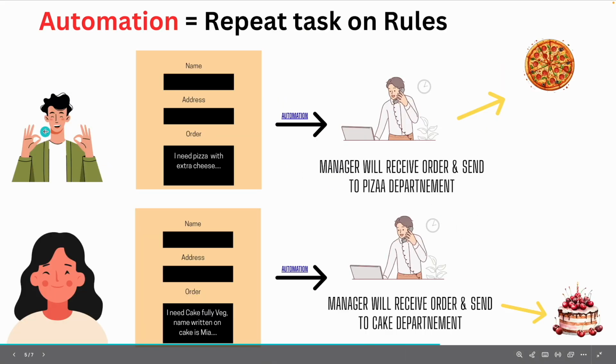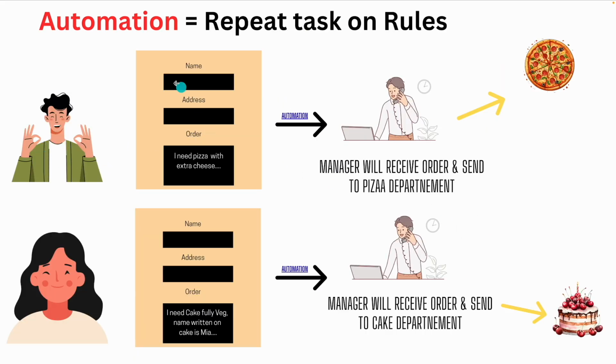Let's say this person puts his name, address, and in the order he says, hey, I need pizza with extra cheese and so on. He puts in all the order details, and once he places the order, the automation will take this order online to the manager of the bakery shop.